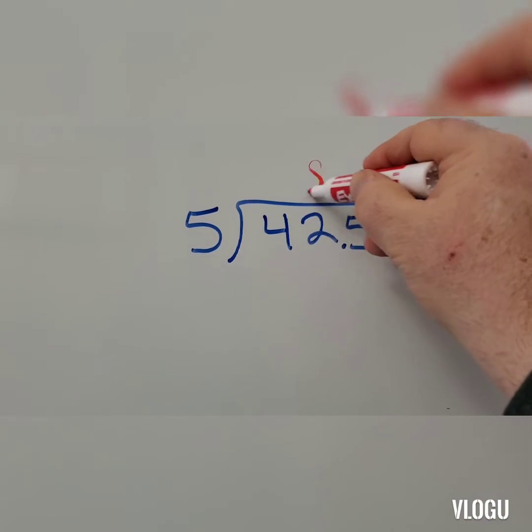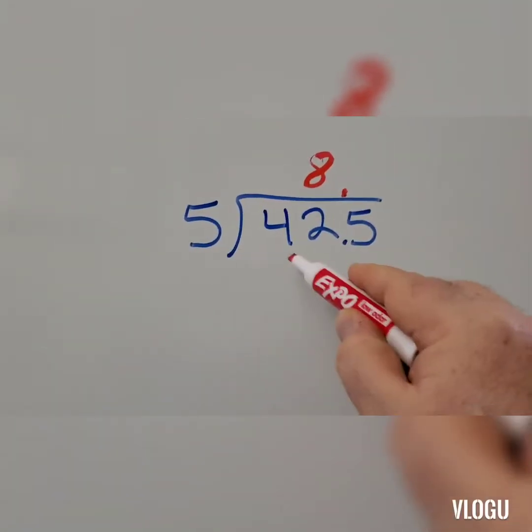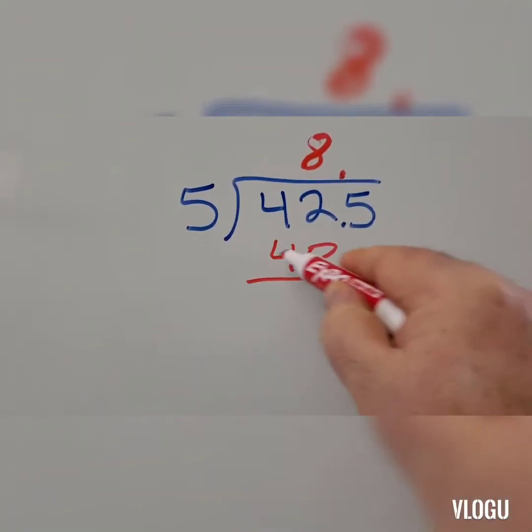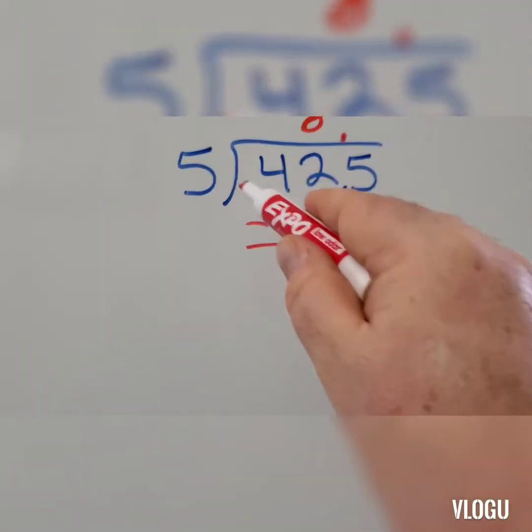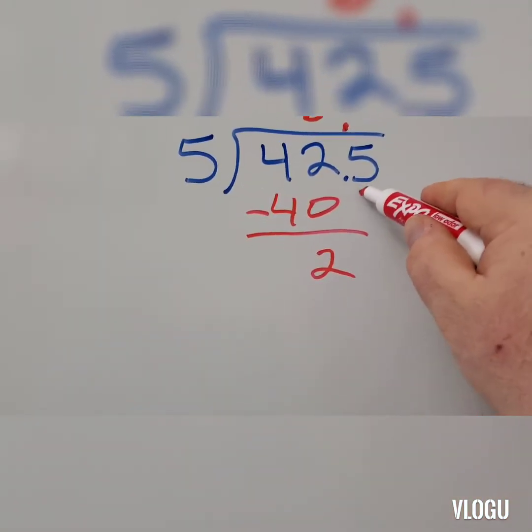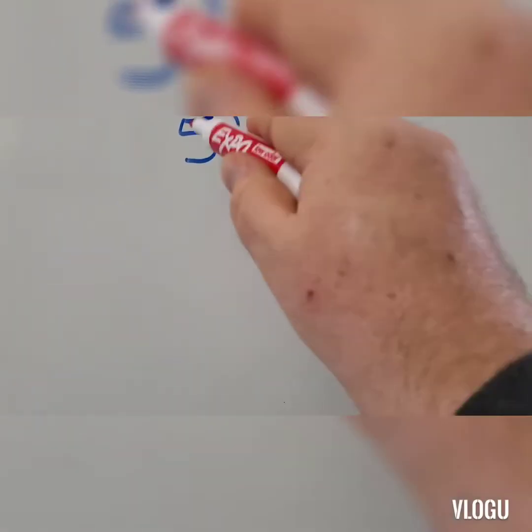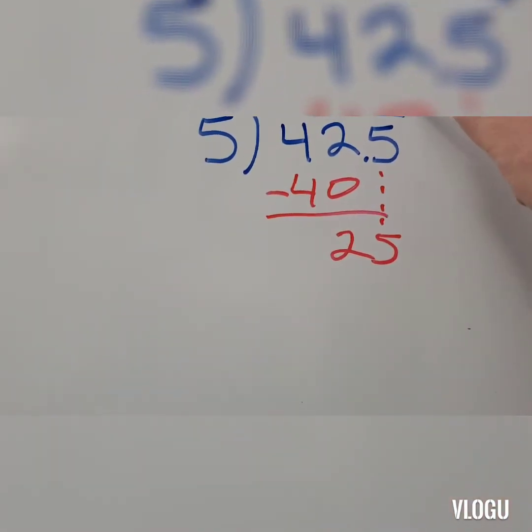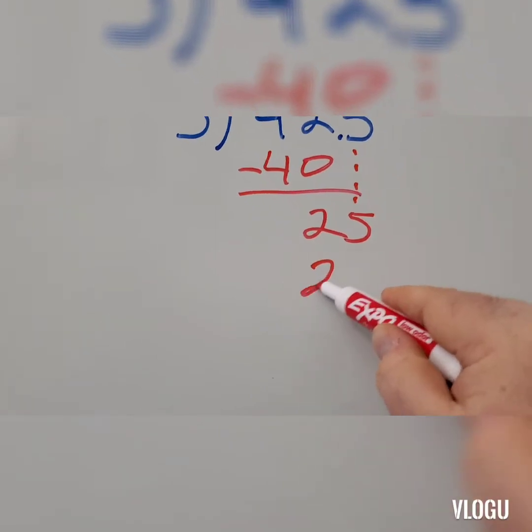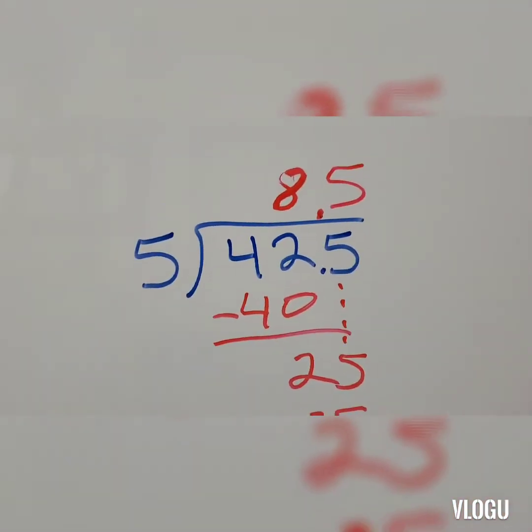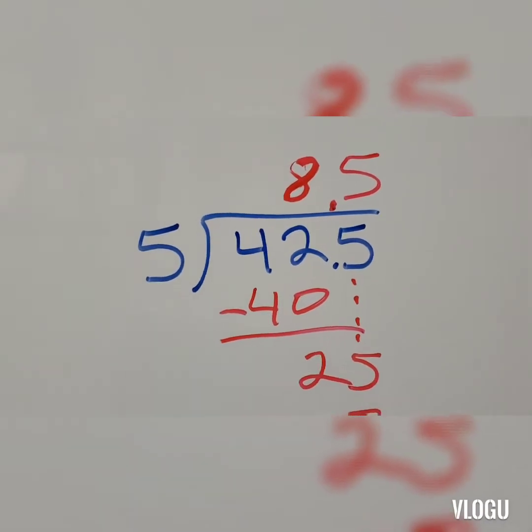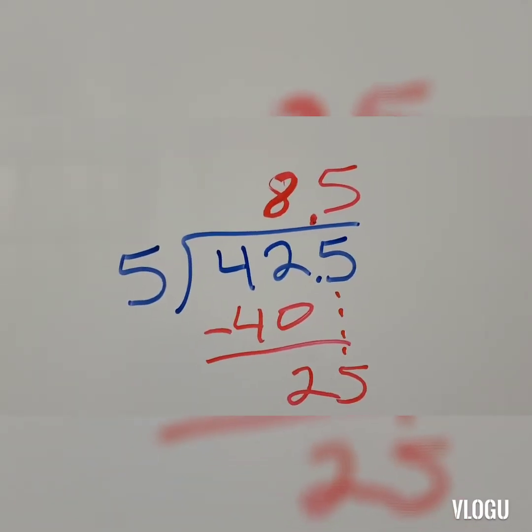Yep, about 8 times. 8 times 5 is 40. Subtract. The answer is 2. Is 2 less than 5? Yep, okay, we're good. Bring that down. 5 goes into 25. 5 times 5, 25. Subtract. The answer is 0. So our answer is 8.5 or 8 5/10.